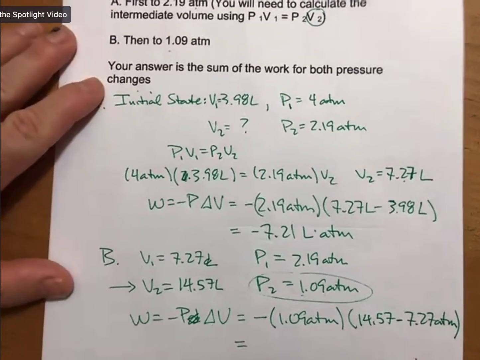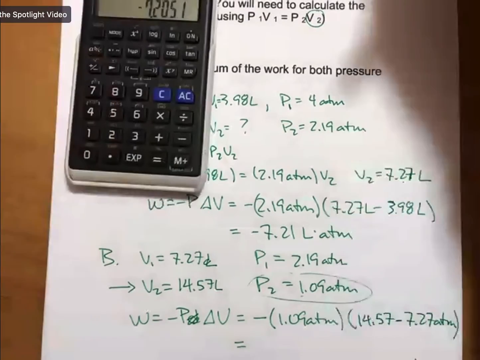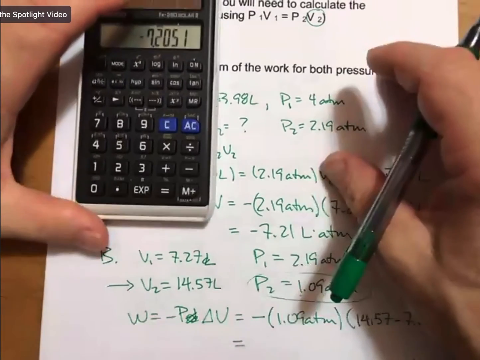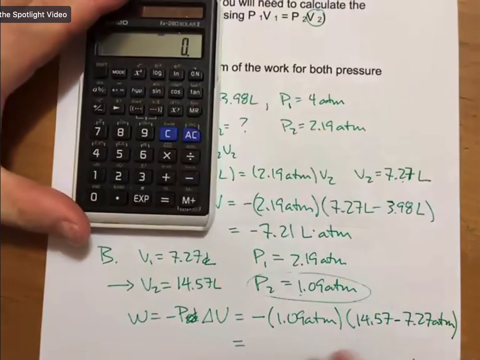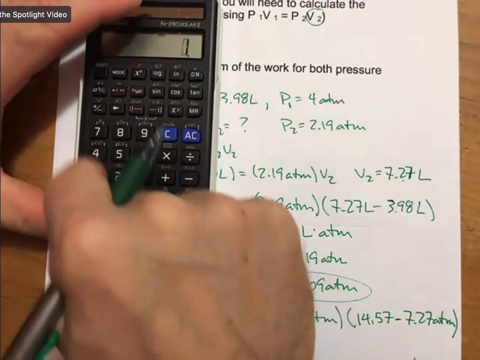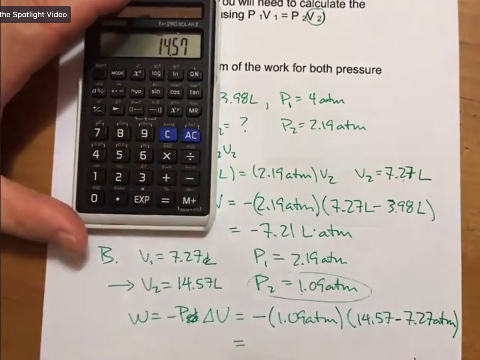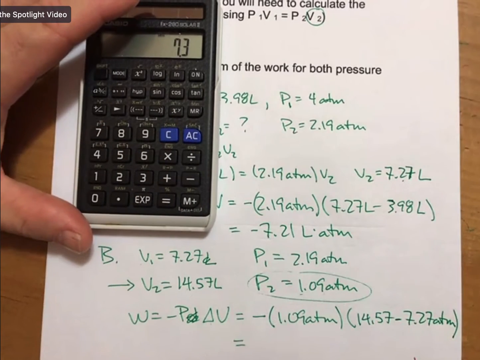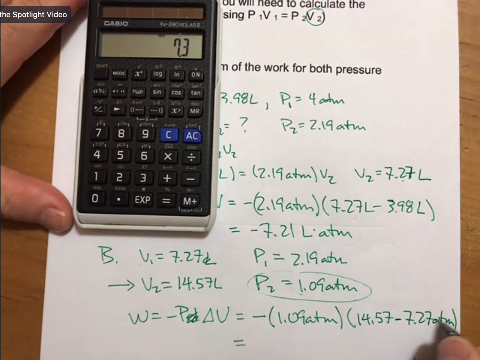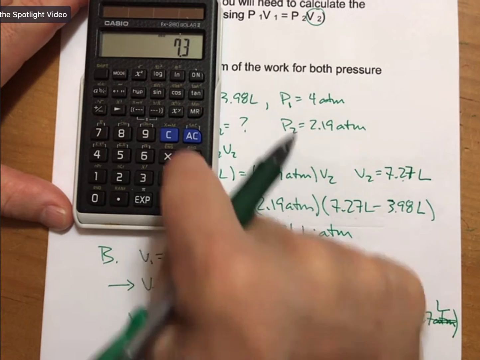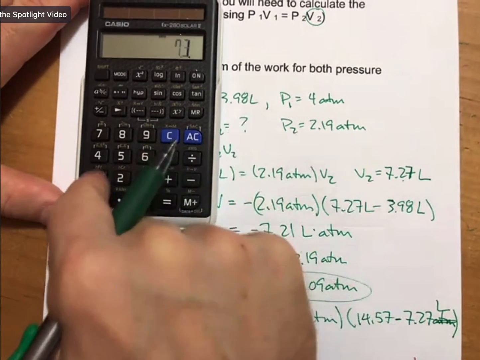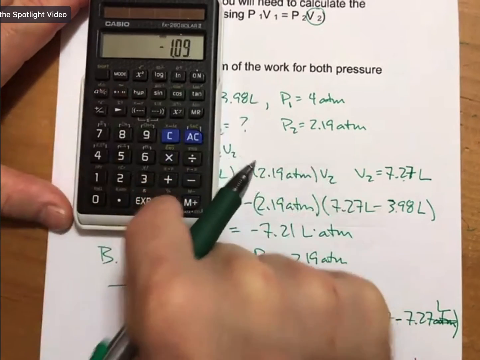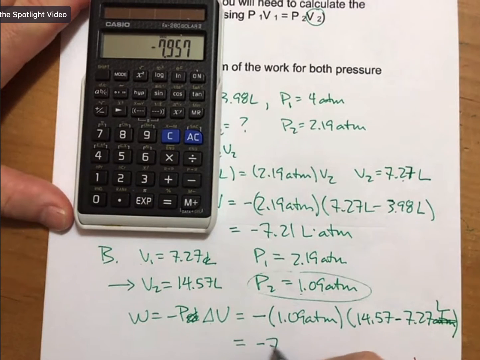I will multiply this out now. Do my difference first. I get 7.3 liters times 1.09 minus is minus 7.96 liter atmospheres.